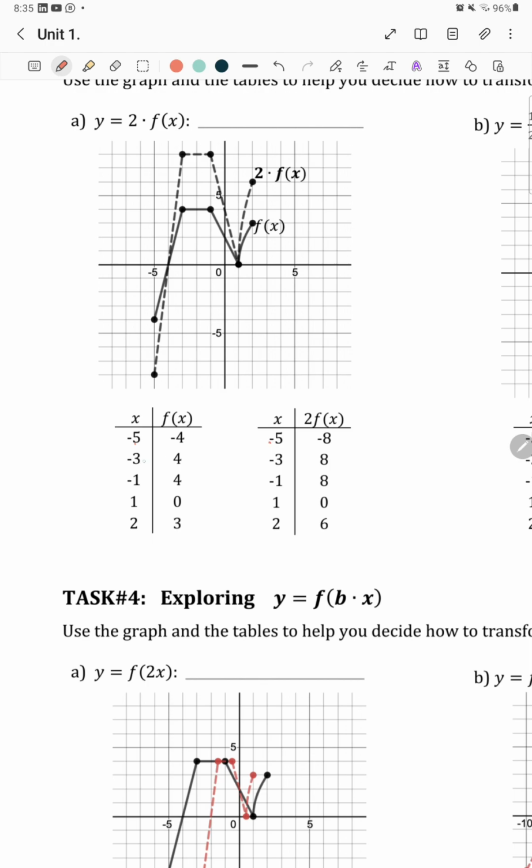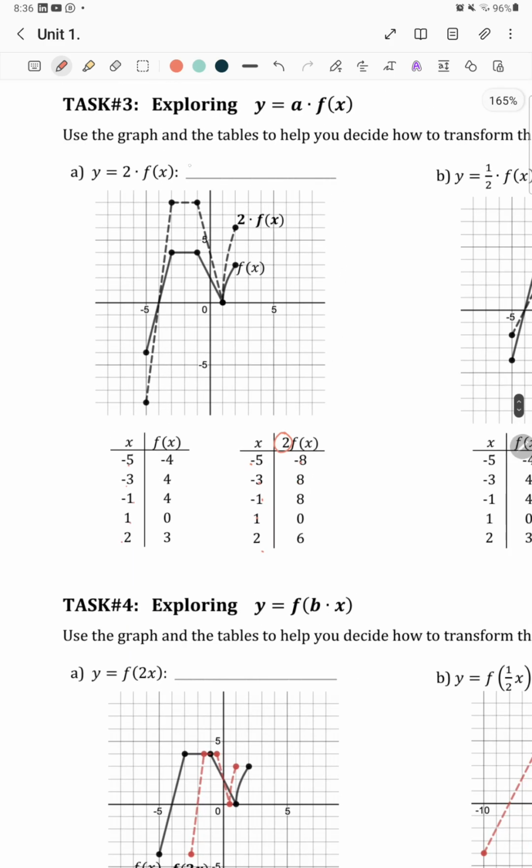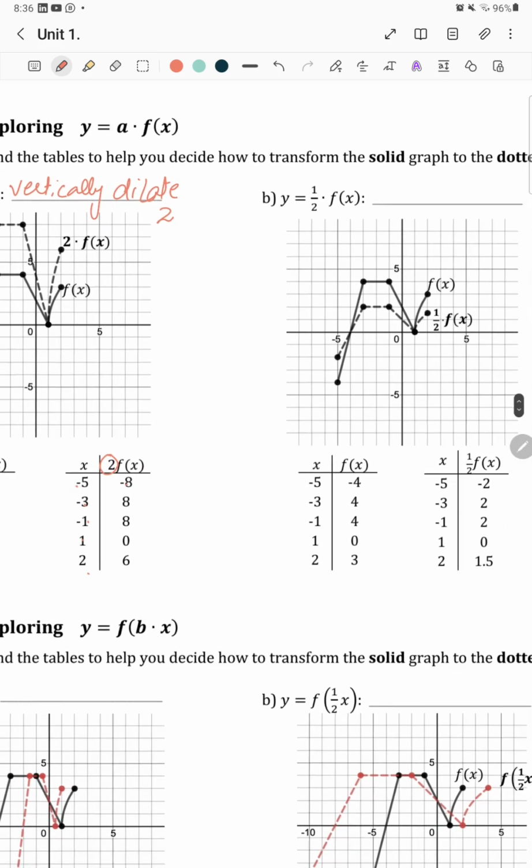So minus 5, minus 3, minus 1, 1, 2, so x remains the same, it means there is no change horizontally. Vertically it's minus 4, minus 8, so it's 2 times f of x, so vertically it dilates by 2. If there is a change in the y-axis, it means vertically it's moving.